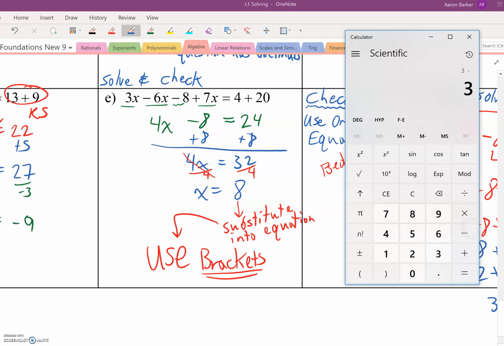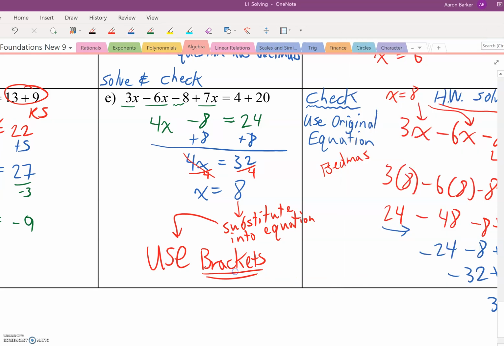Okay, I screwed that up. That's not right. 3 minus 6 equals negative 3, plus 7 equals 4. So I have 4x. And 24 plus 8 equals 32. 32 divided by 4 equals 8. So I'm going to go over here and double check.